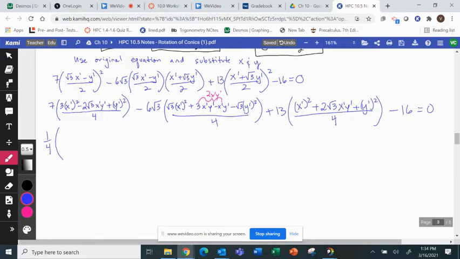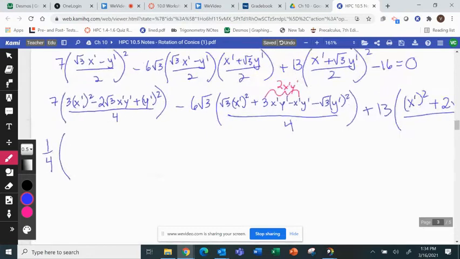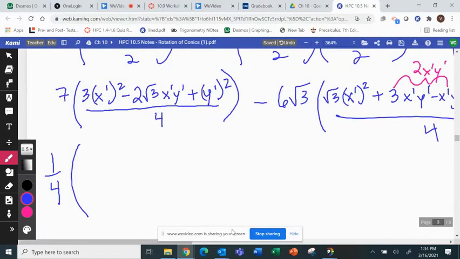I'm going to put the like terms on top of each other as I find them. So I'm going to distribute the 7 here, and I'm going to get 21 x prime squared minus 14 square root 3 x prime y prime plus 7 y prime squared.